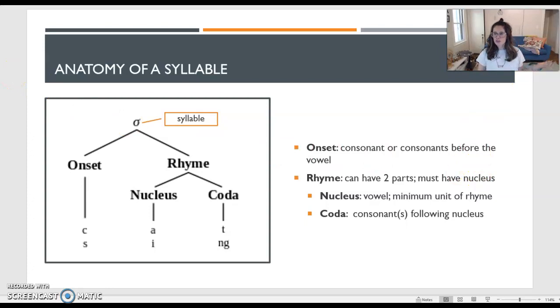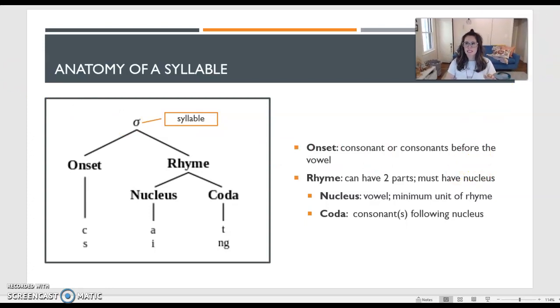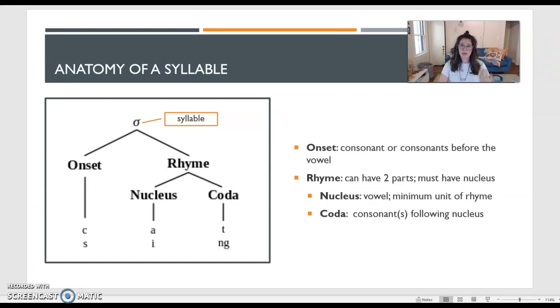So in order to understand how to do that assignment, you need to know about syllables. So I want to go over the anatomy of a syllable and help you understand the different kinds of syllables that there are. Okay.